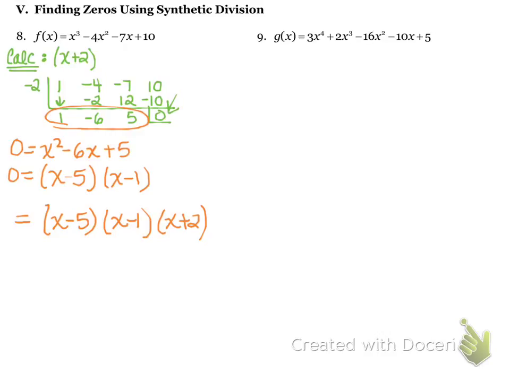So this is the linear factorization of that original function f of x in standard form. If I ask for the zeros, I have x equals 5, I have x equals 1, and I have x equals -2, and they all have a multiplicity equal to 1.